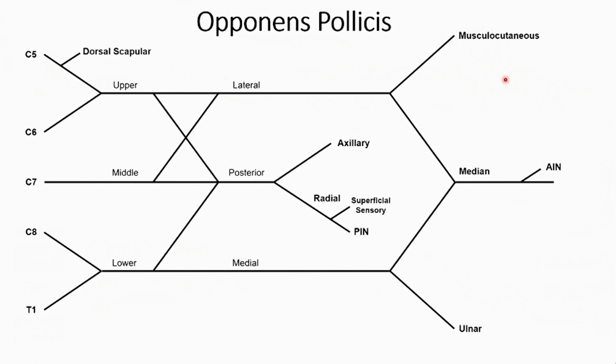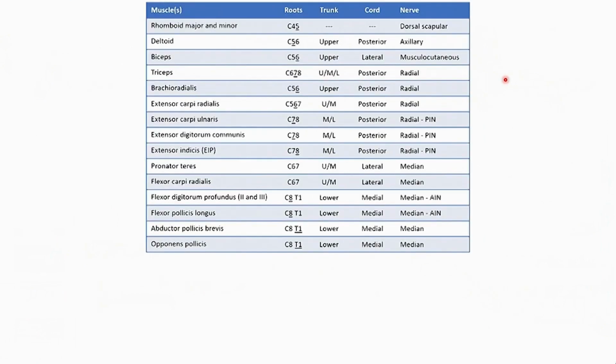Opponens pollicis, C8, T1, lower trunk, medial cord, median nerve, primarily T1.